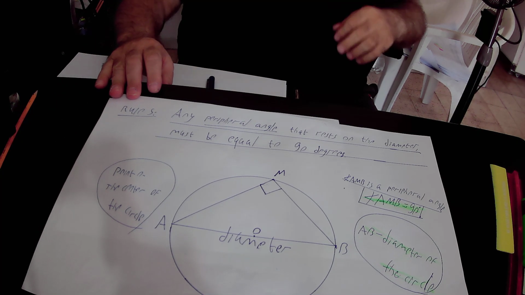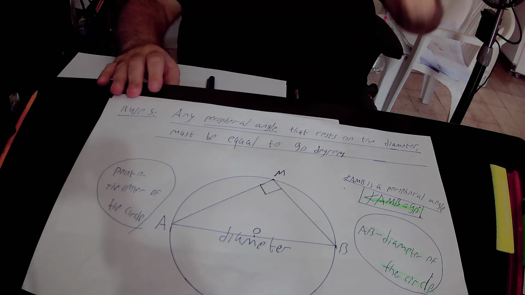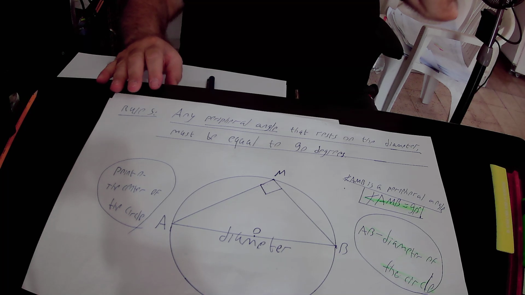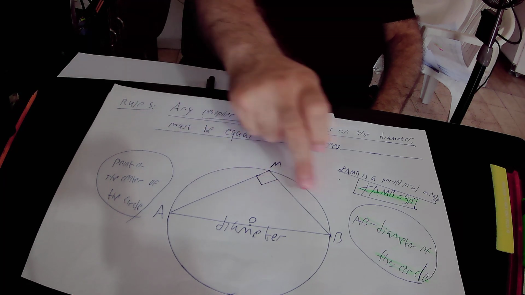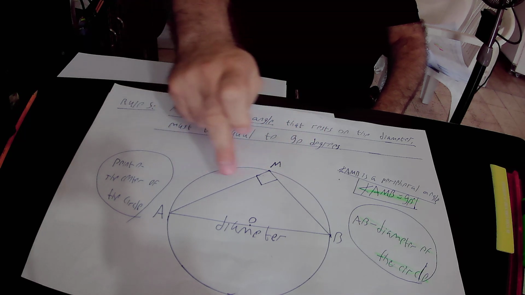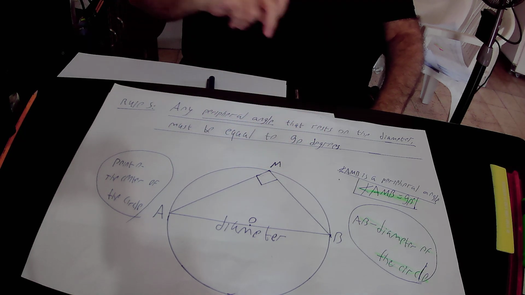According to rule number 5, any peripheral angle that rests on the diameter of the circle must be equal to 90 degrees. Here the diameter of the circle is AB and peripheral angle AMB rests on the diameter AB, therefore it is equal to 90 degrees.